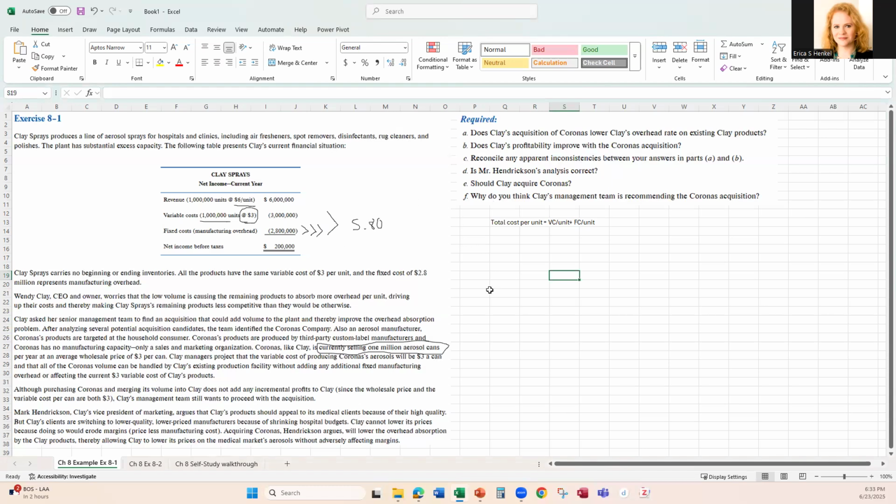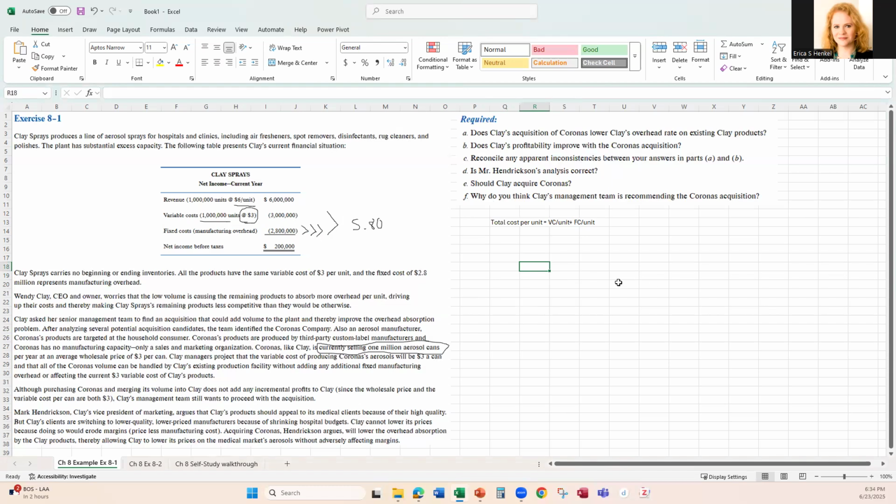So without this, I know I said 580 here, but the total costs that we have here are $5.8 million for this 1 million units.